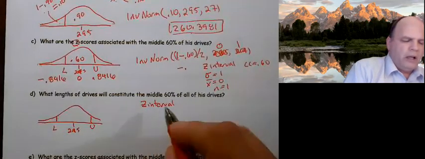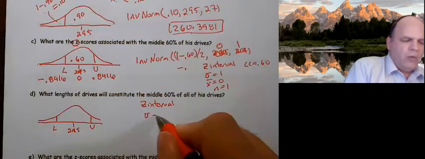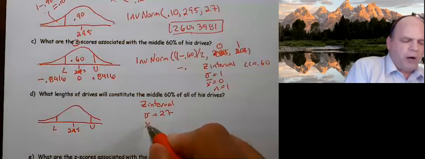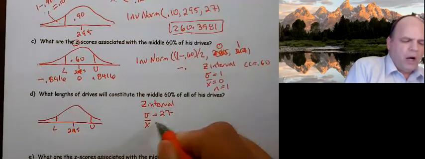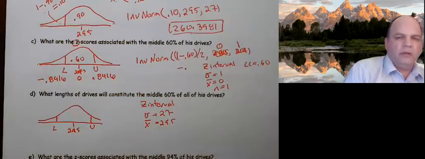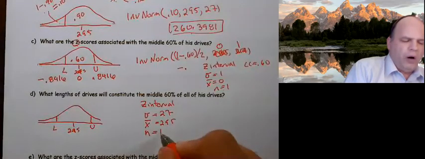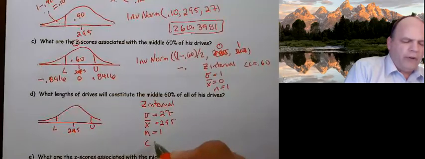And we're going to need the standard deviation, which in this case was 27. We're going to have an x bar of 295. They didn't give us a sample size, so since they didn't, we'll use an n of 1. And we're going to use the confidence level equal to 0.60 because they wanted 60%.